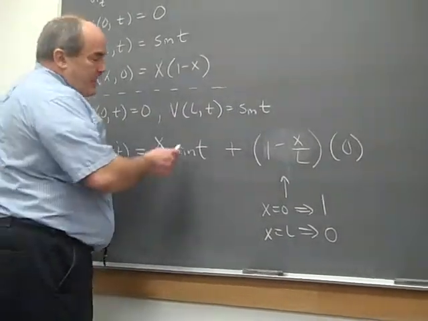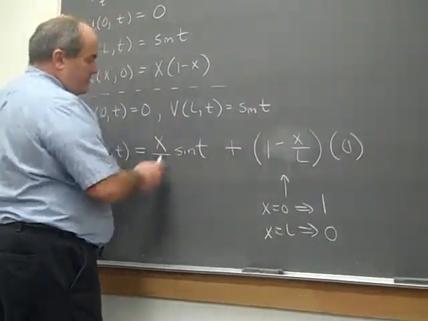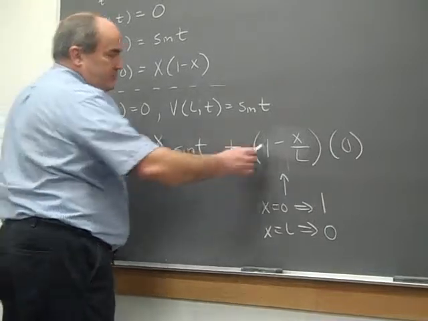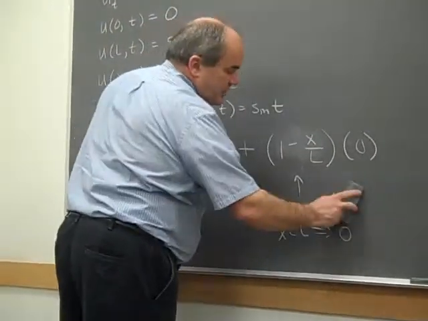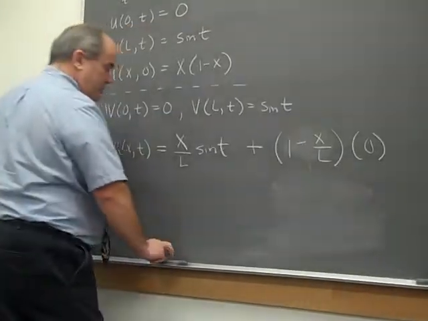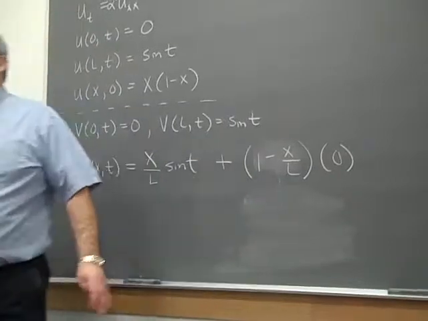And so, in general, when you take this kind of expression where you have the x over L, the 1 minus x over L times your function, we call this a convex combination of our two functions, sine of t and 0.